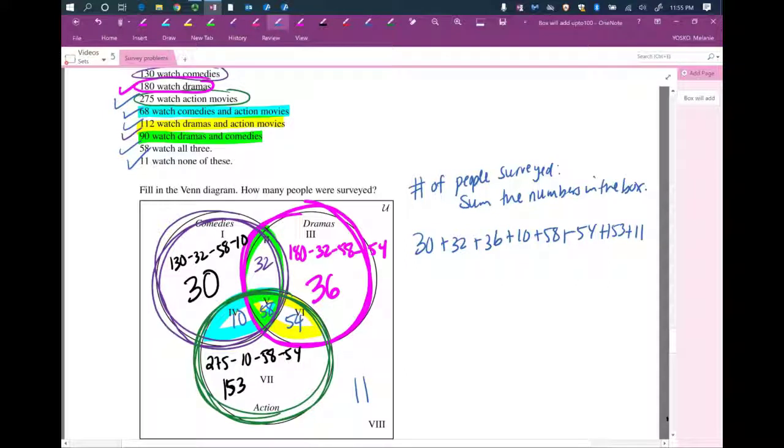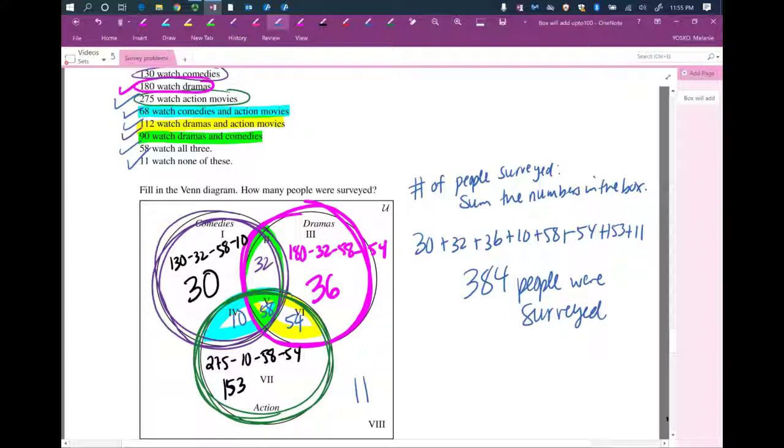And that should be the sum of everything in the box. So just to make sure I didn't miss anything: 30 plus 32 plus 36 plus 10 plus 58 plus 54 plus 153 plus 11. Okay, and the sum is 384. So 384 people were surveyed.